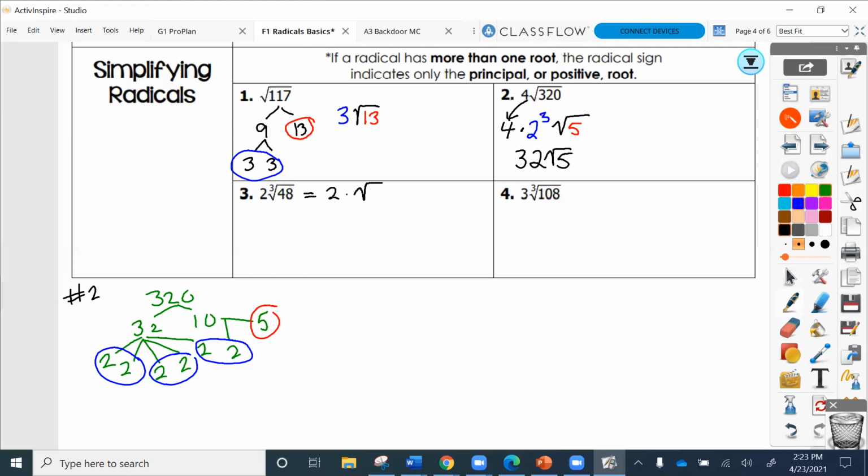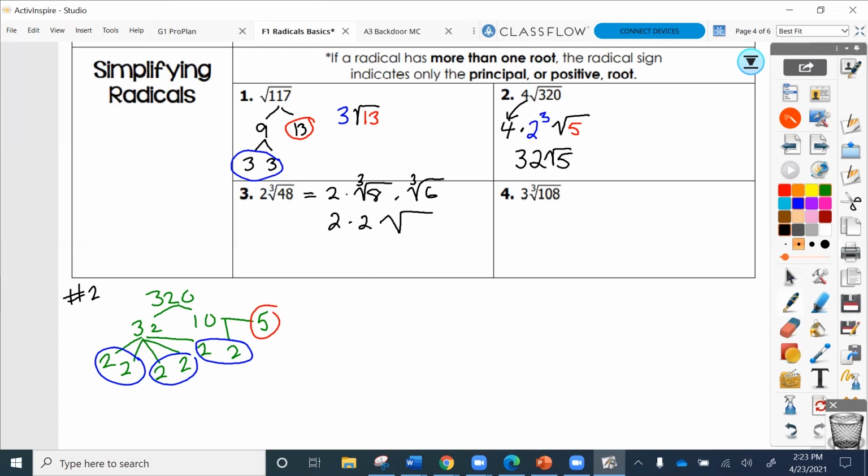So you could rewrite this as the cube root of 8 times the cube root of 6. Now, the reason why I wrote it like that is because I know that 8 is a perfect cube. So it'll save me some time from doing factor trees. So here's the 2 that was on the outside. And then the cube root of 8 is just 2.